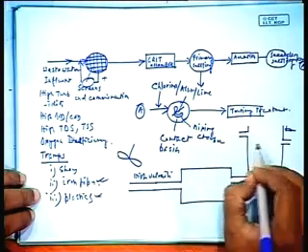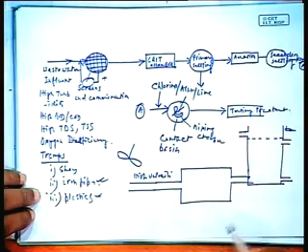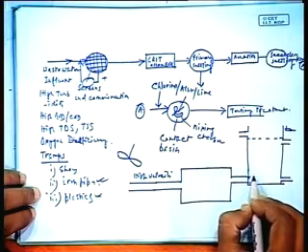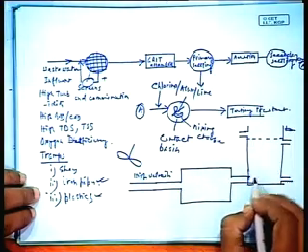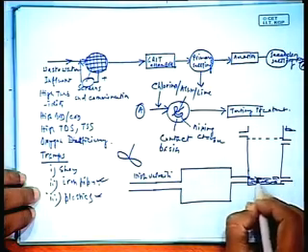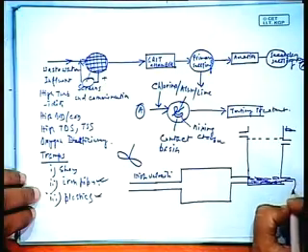This is how the water is being passed, and this is the level to be maintained. As you can see, the water comes down and here the level is maintained. The particles that settle here would be taken out.